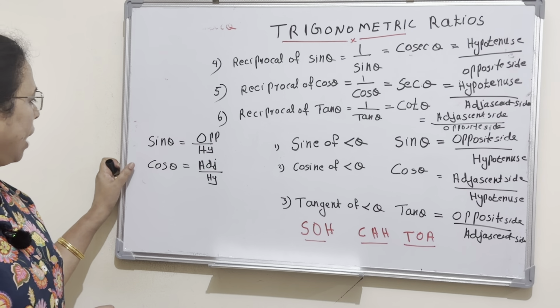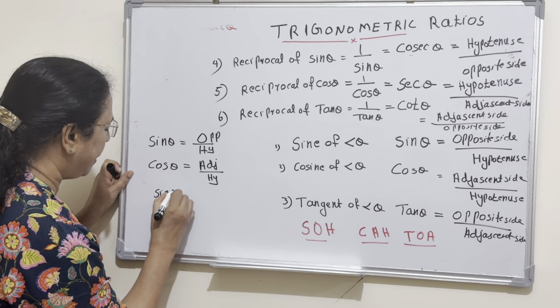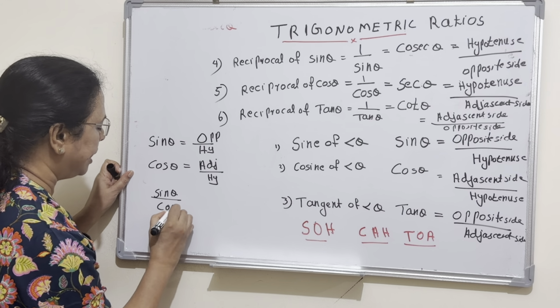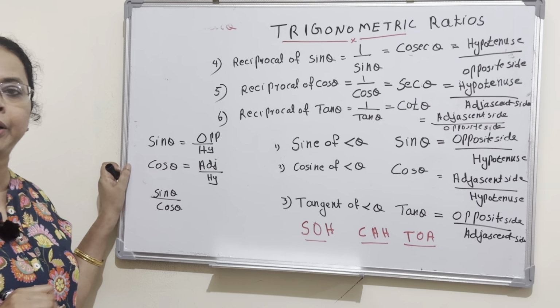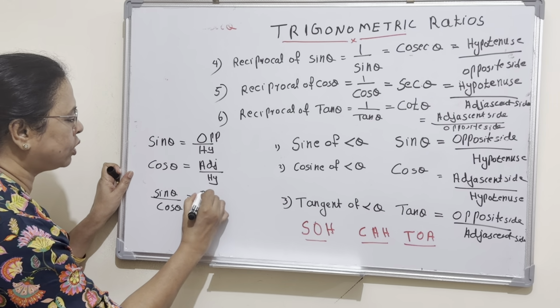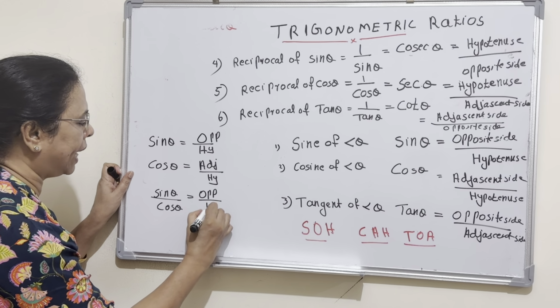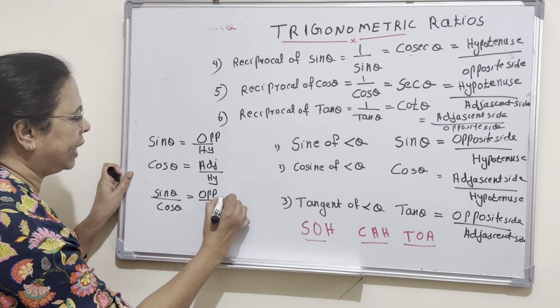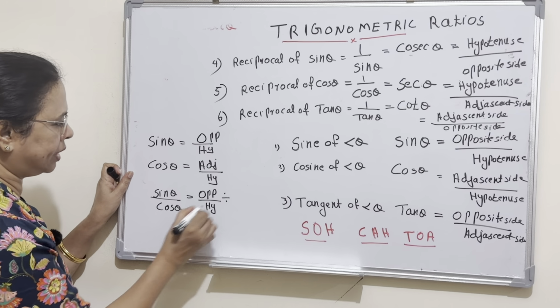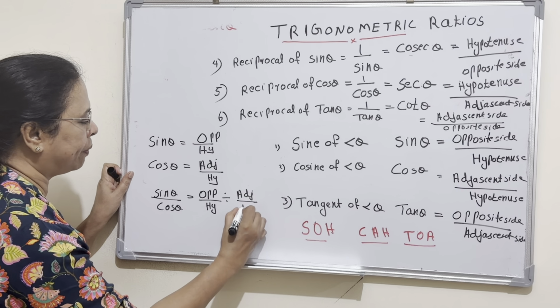Now if I divide sine theta by cos theta, how much does it come? Opposite side by hypotenuse, divided by adjacent side by hypotenuse.